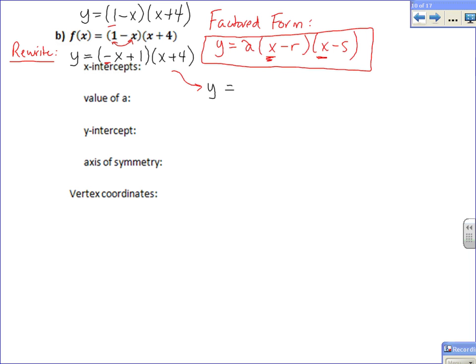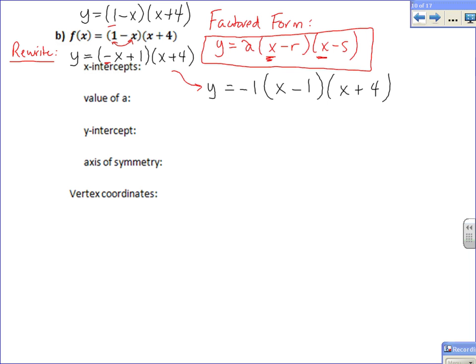If I factor out a -1 from the first term, I see that I'm left with x minus 1, multiplied by x plus 4. Again, I don't have to do anything to the last term. It was fine.